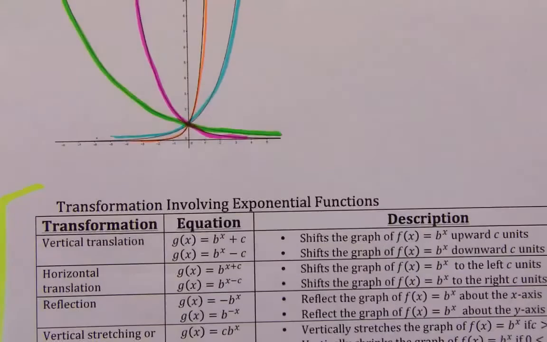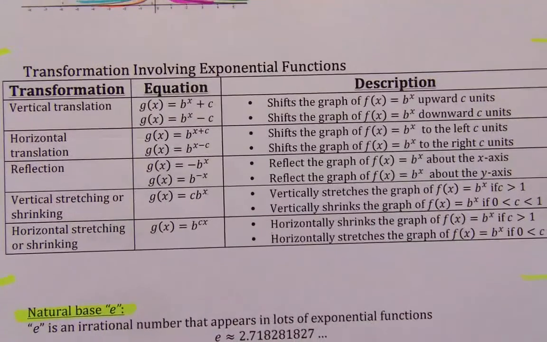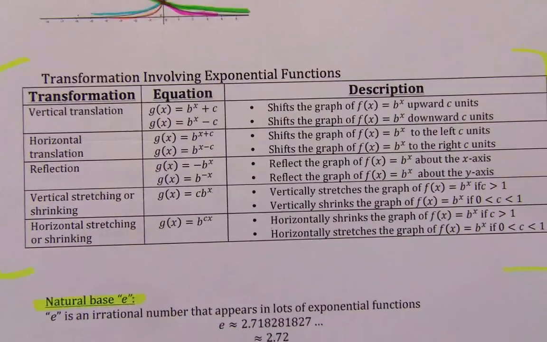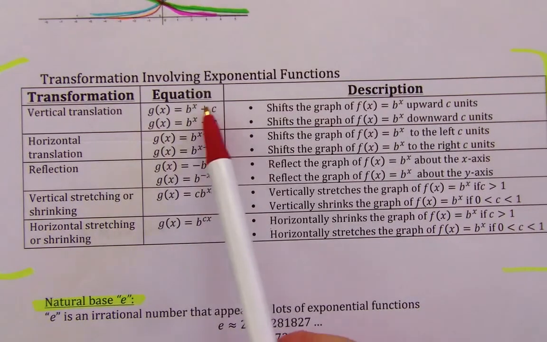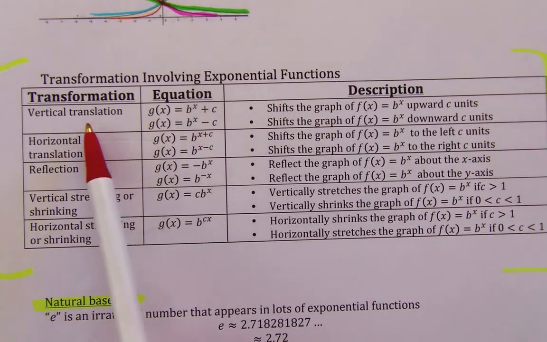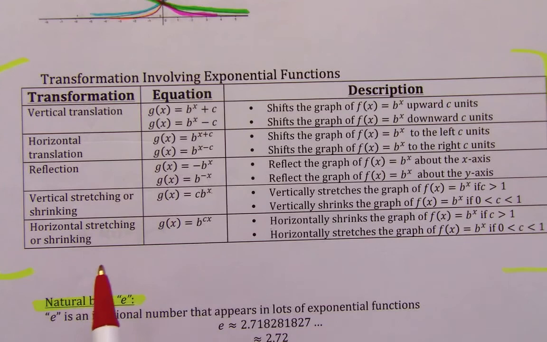Now we've generalized some of the shifts that happen with these graphs below here, and it's very similar to what we saw in chapter 1 with shifting all of our graphs up, down, left, right, and stretching and shrinking and all of that. So this should be very familiar to you. Adding and subtracting a value on the end changes it vertically. Inside the exponent here changes it horizontally, and it's opposite of what we would think.